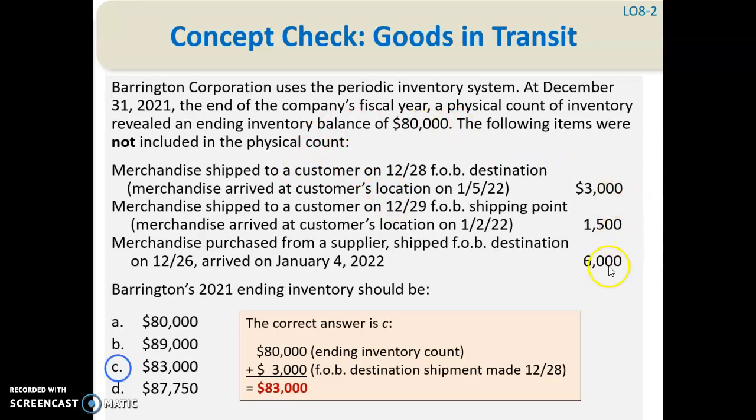The $6,000 of merchandise purchased from a supplier on December 26th should not be included in inventory because it was shipped FOB destination and did not arrive by December 31st. Ownership will not transfer to Barrington until the purchased merchandise arrives on January 4th, 2022.